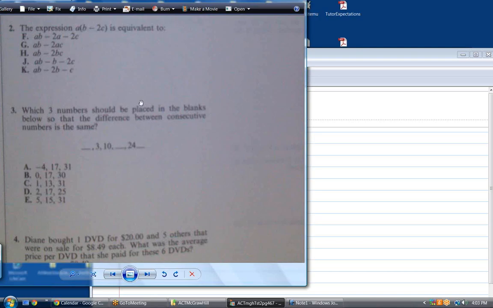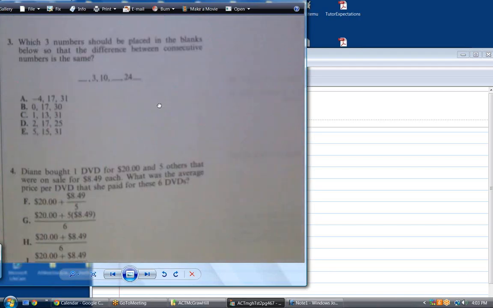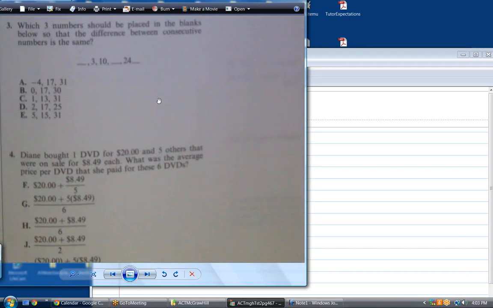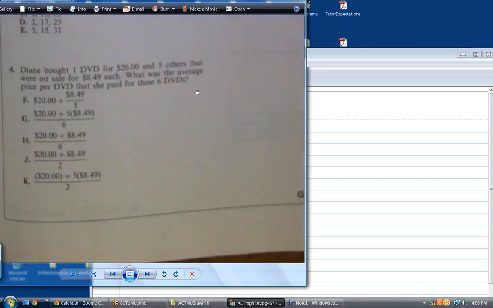About number 2. It would be 8b minus 2ac. About number 3. It would be negative 4, 17, 31.